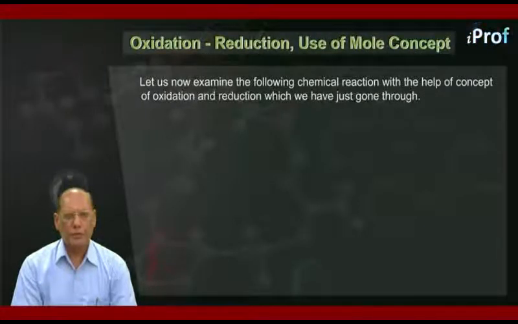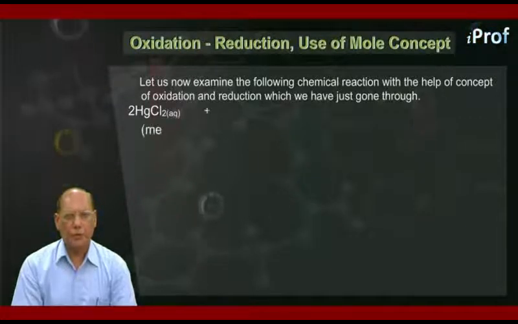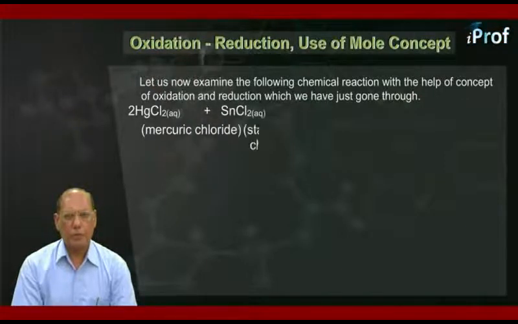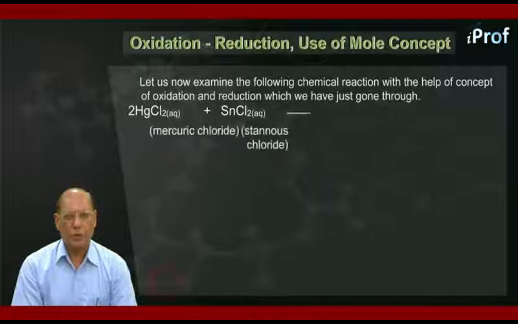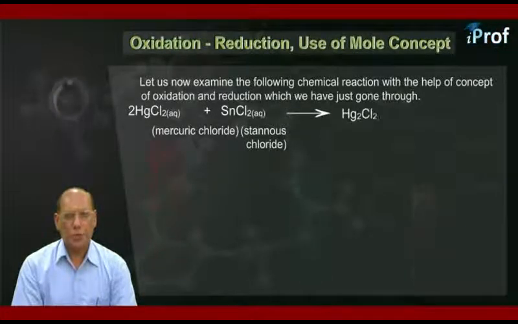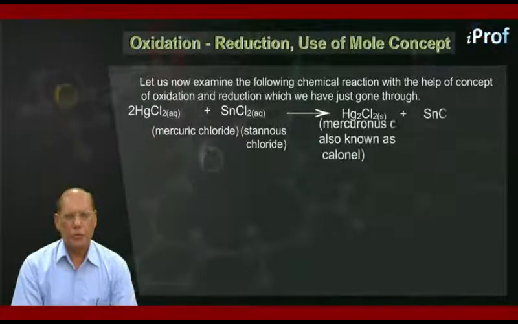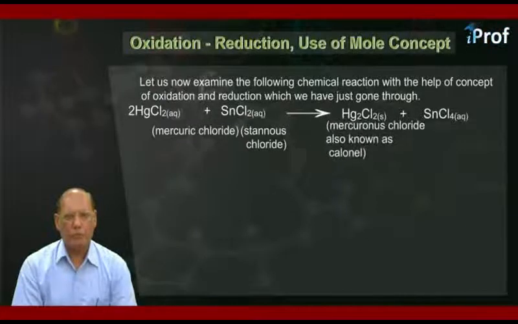The reaction is 2HgCl2 aqueous, known as mercury chloride, plus SnCl2 aqueous, known as stannous chloride, giving us Hg2Cl2 solid, known as mercurous chloride, also known as calomel, plus SnCl4 aqueous, known as stannic chloride.